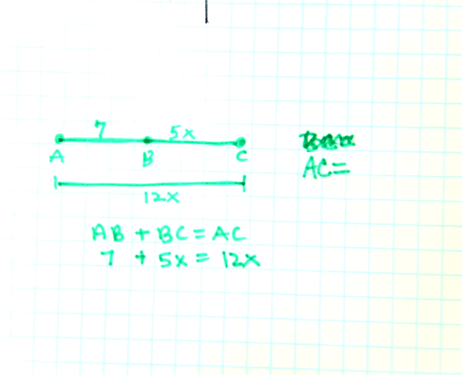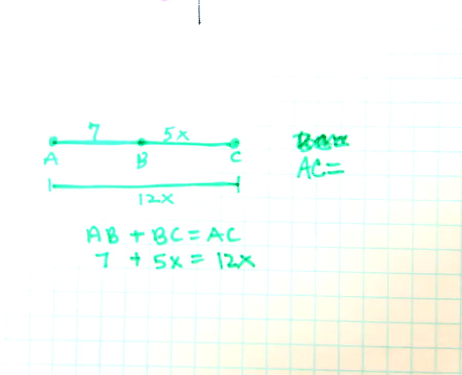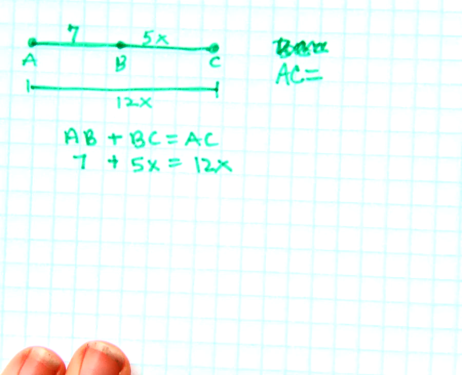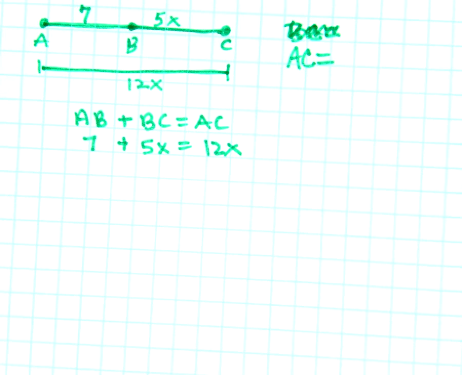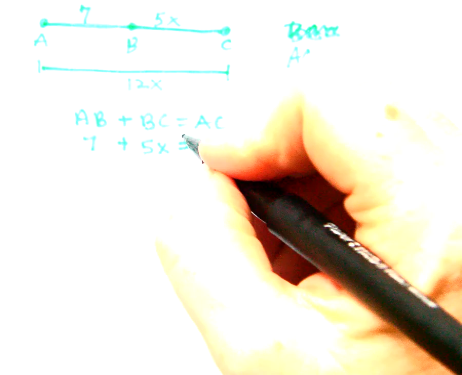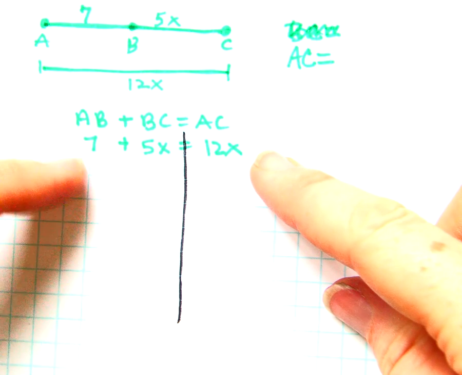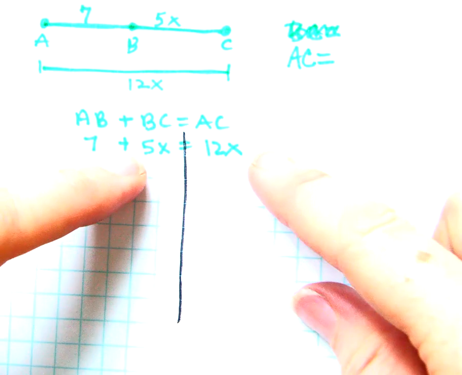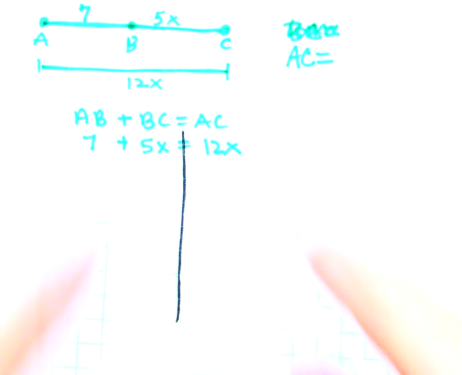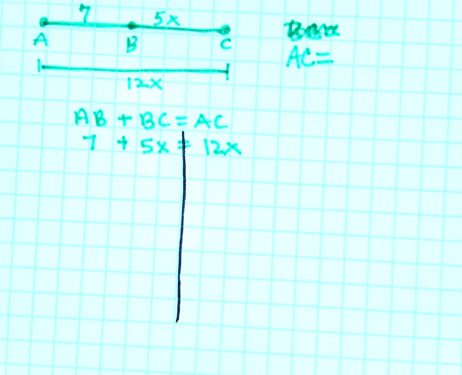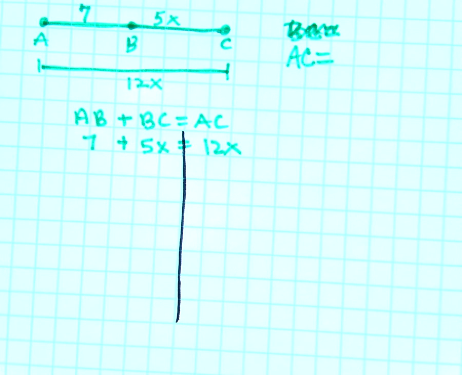This one's strangely hard for people, even though it seems like a shorter problem, because of that 12x issue over there. Okay? So, let me organize. I don't have any like terms to combine. All right? 7 and 5x don't combine. You might be tempted to add 5x and 12x, but you can't do that because they're on opposite sides of the equal sign, which is why I like the line to help us organize.